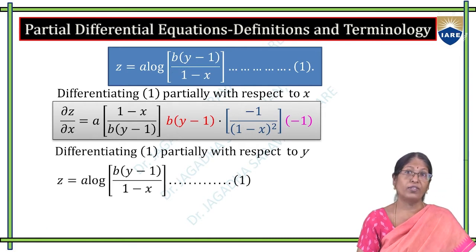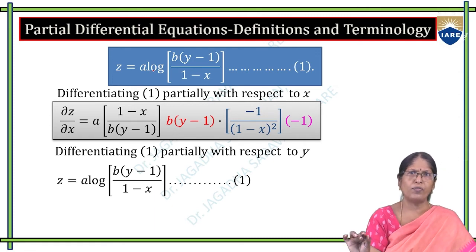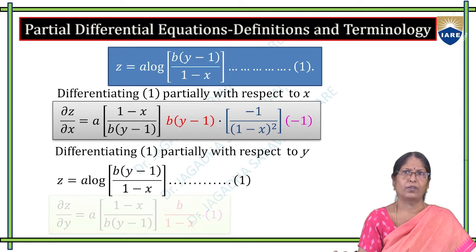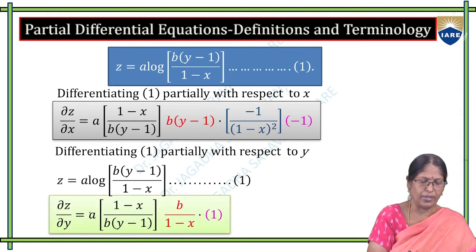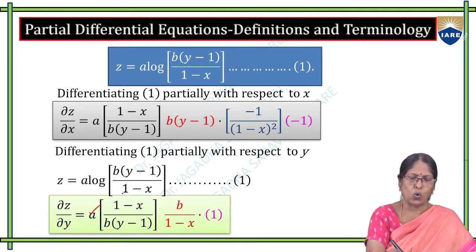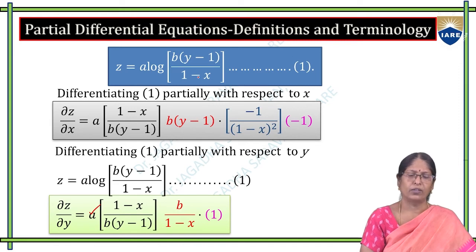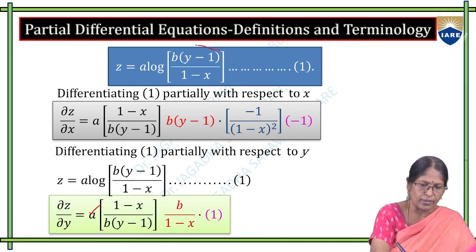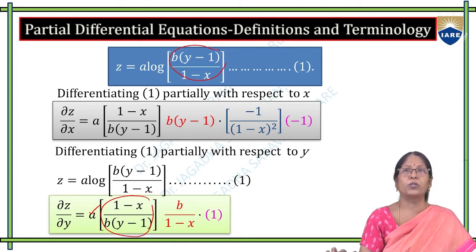The same one with respect to y. A log of some term. Yes, a as it is. So 1 divided by this is our function. Yes, we have written reciprocally.